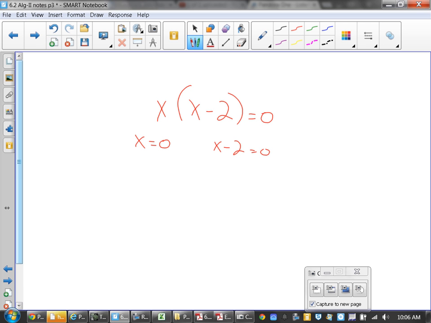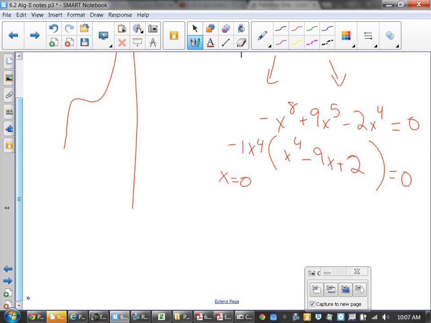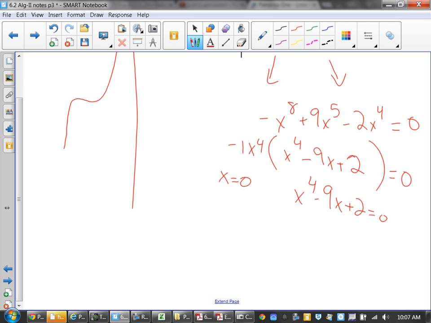X to the fourth equals 0, so what's x then? 0. I know that for certain. The other one, x to the 4th minus 9x plus 2 equals 0, which means I have to find those other zeros, so I have to find a way to do that.